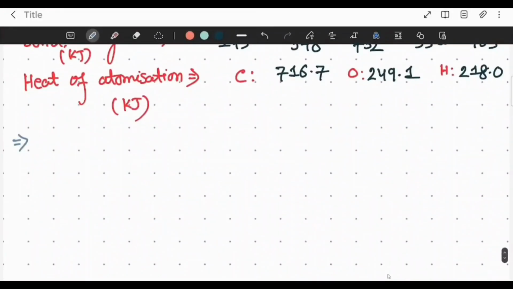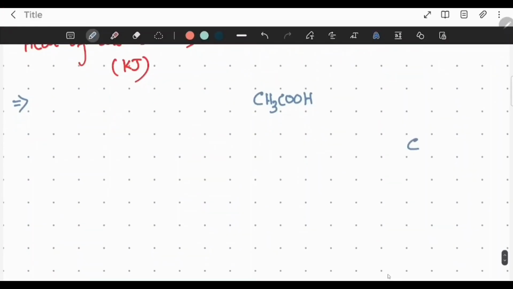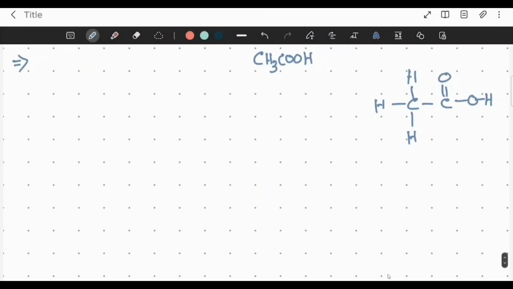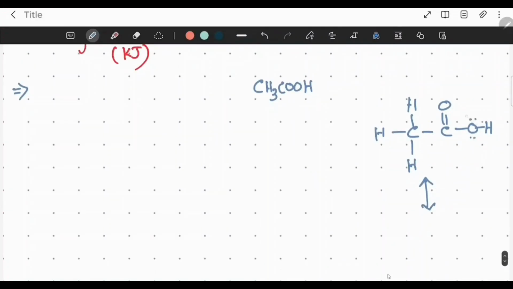So what is the heat of formation? How can we calculate it for CH3COOH, acetic acid? How does it look? You all know. You have to calculate the resonance energy, right? So there is a resonance like this.